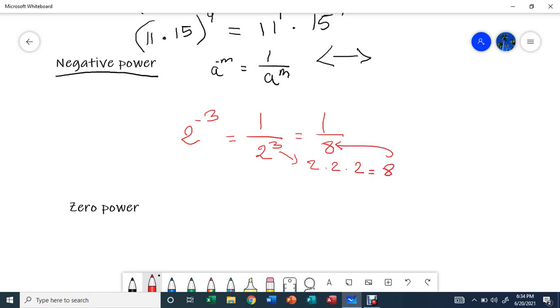So now suppose I'm going in the other direction. So I have 1 over 5 to the second power. So that's equal to 5 to negative 2, using this rule, but in this direction.